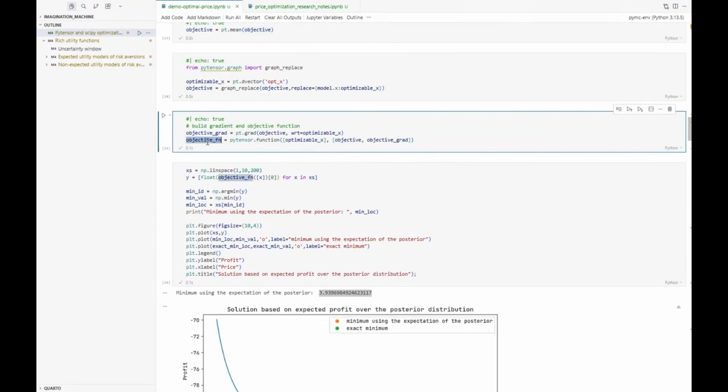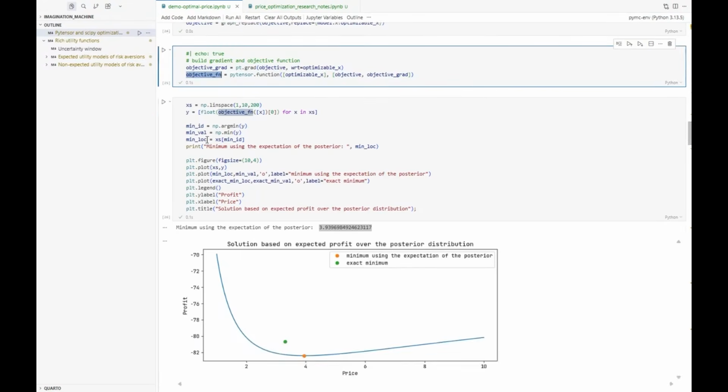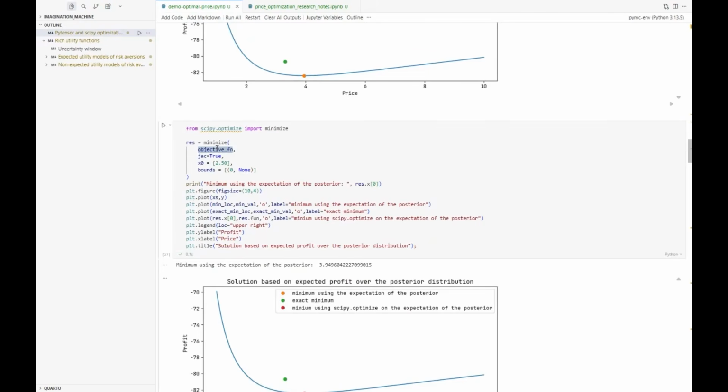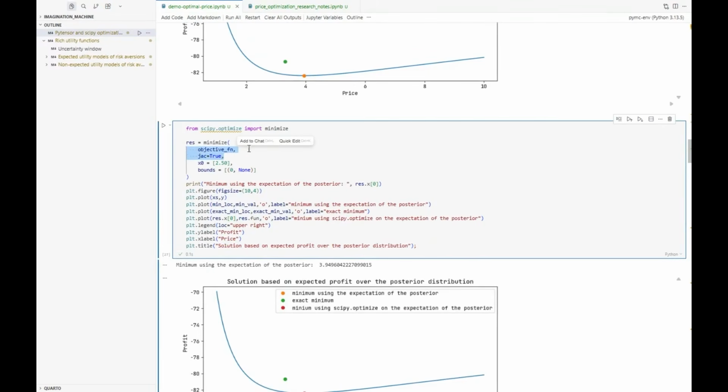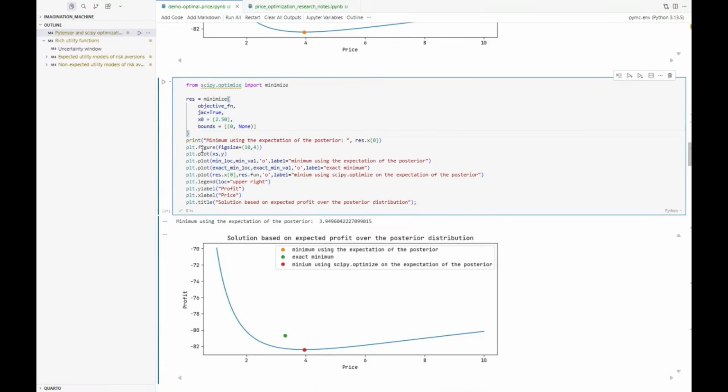When we compiled it above, we said one input is the optimizable price, and our two outputs are the profit and gradient of profit. So this function has two things inside of it, and SciPy can use both parts quite happily. I'm rather happy with how compact this way of coding it up is.